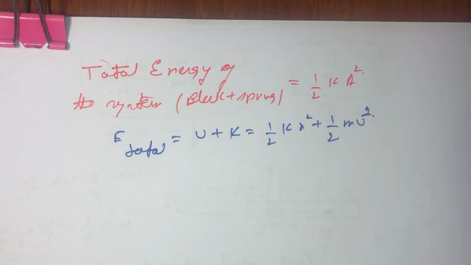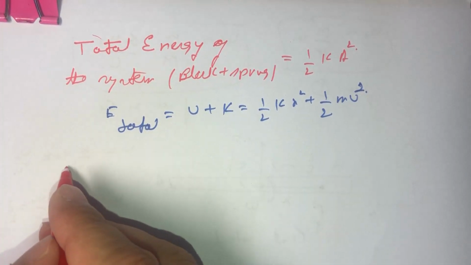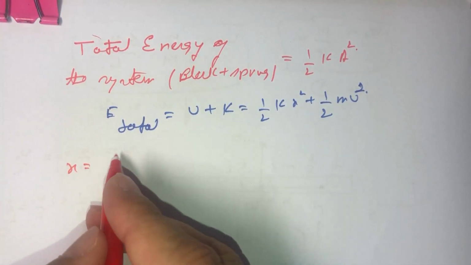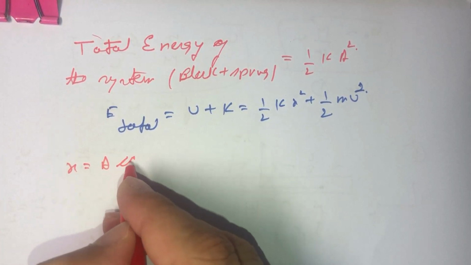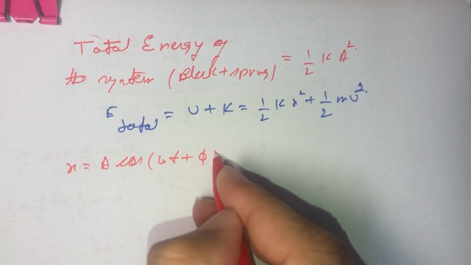And we can also plot the graph of the kinetic energy as well as potential energy. So let us say that the position is given as x equal to a cos of omega t plus phi.